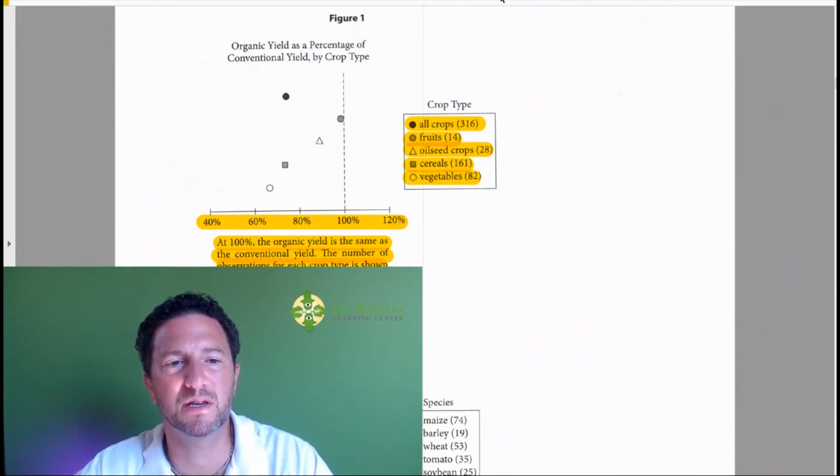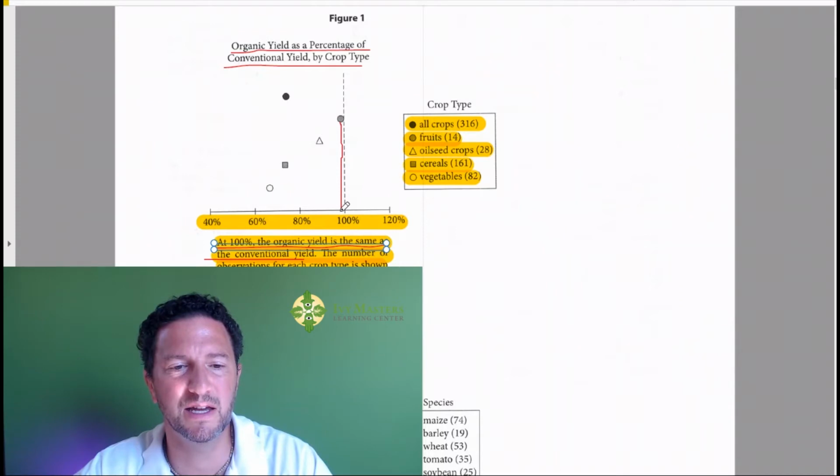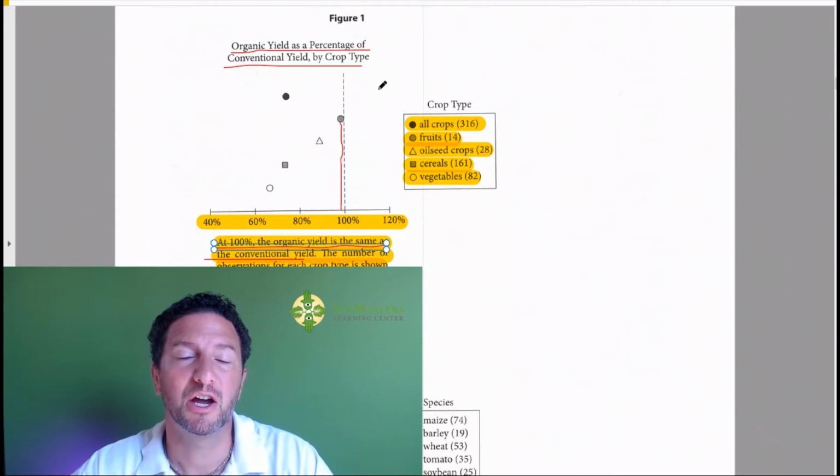So what I want you to focus on is, number one, this caption here: at 100% the organic yield is the same as a conventional yield, and also the title, which is organic yield as a percent of conventional yield by crop type. So if we see gray circle is fruits, and fruits is very close to 100%. Let's say that's 98%. In other words, if you had a conventional field where you could grow 100 apple trees, you could only grow 98 apple trees in that same space.